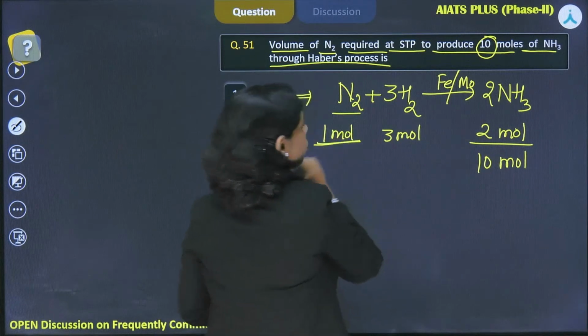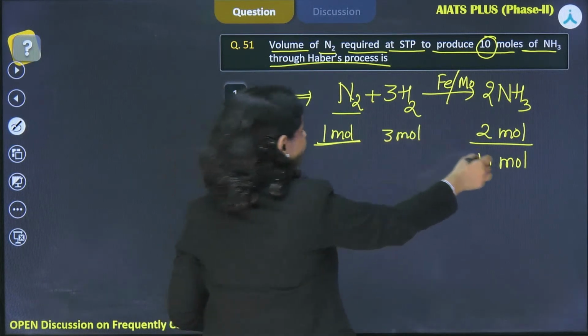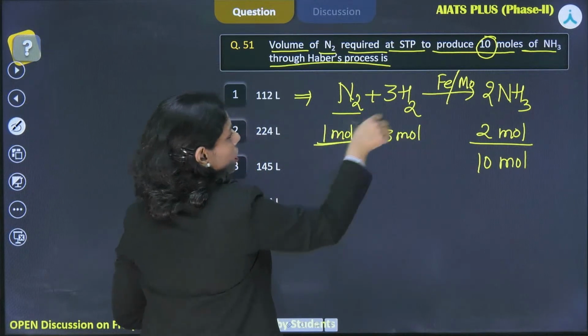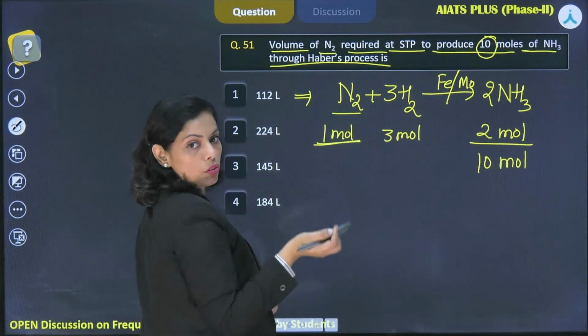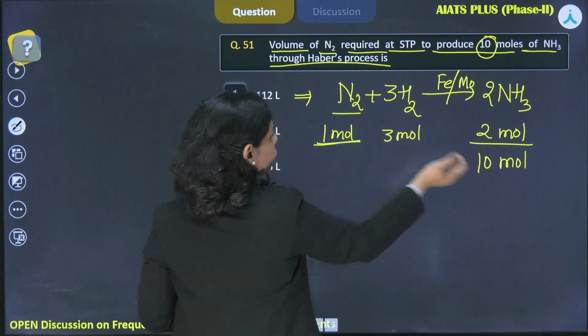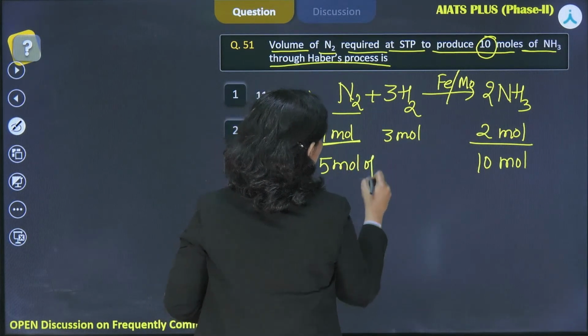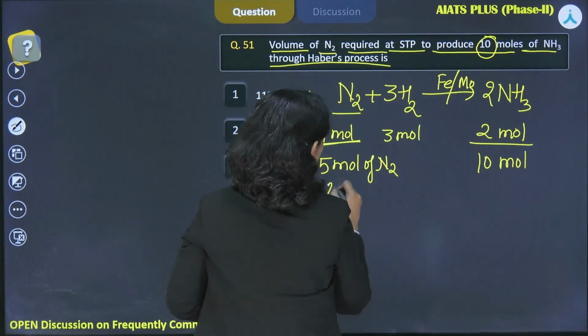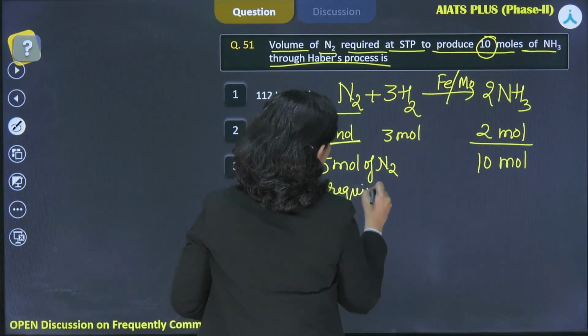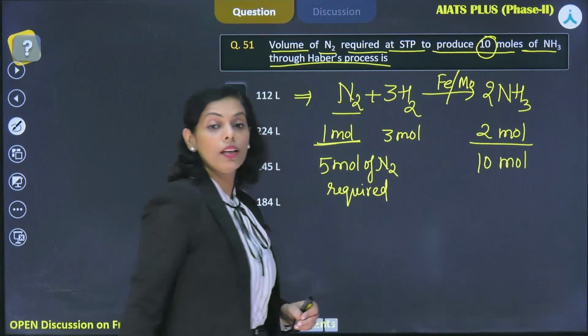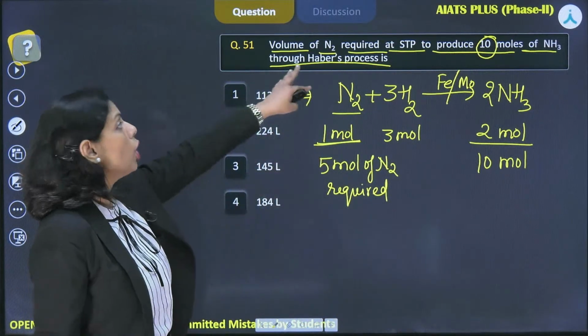For 2 mole, 1 mole of nitrogen is needed. Then for 10 mole, definitely half of the amount of ammonia is needed in terms of nitrogen, right? So for 2 mole, 1 mole. For 10 mole, 5 mole of nitrogen is needed. But they're not asking to find out the moles. They are asking you to find out the volume at STP.